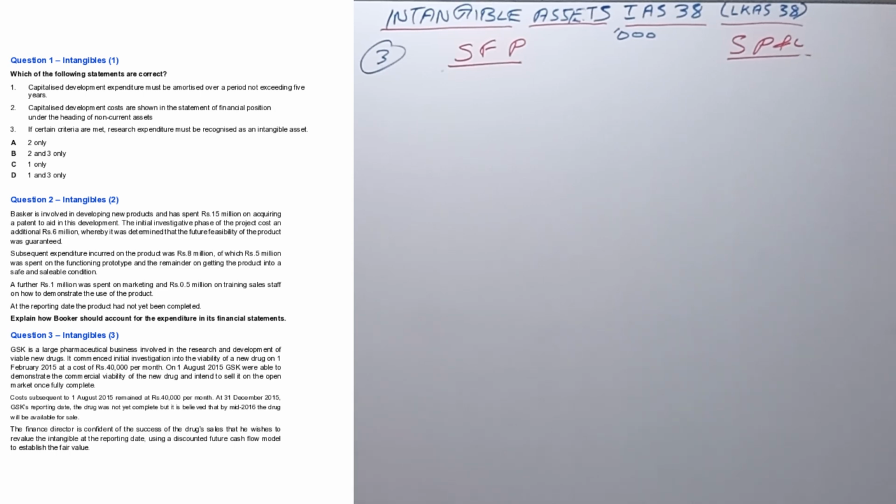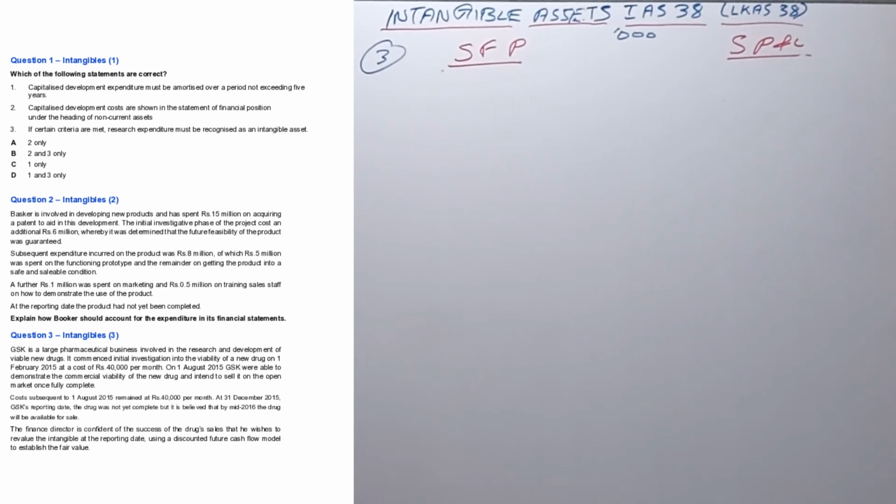The finance director is confident of the success of the drug sales and wishes to revalue the intangible at the reporting date, using a discounted future cash flow model to establish the fair value. Explain the treatment of the above costs in GSK's financial statements for the year ended 31st December 2015.